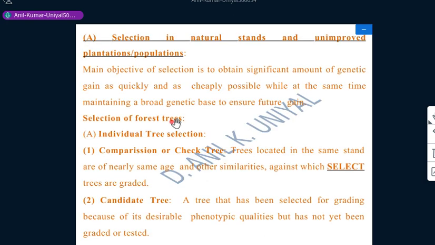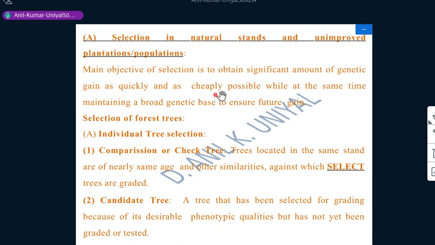Next, we have how the trees are selected in the forest. The very first category is the selection of trees in natural stands and unimproved plantations. As plantations of 30 or 40 years old are considered unimproved plantations, or may be considered natural forest in due course.